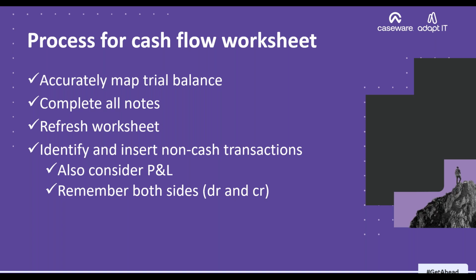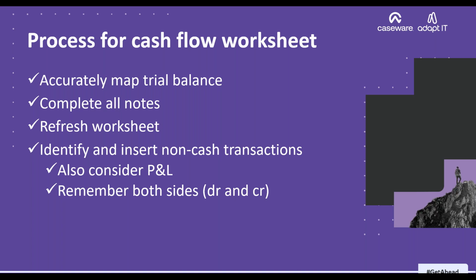Before you start the work, make sure that all notes are completed, particularly your reconciliation notes, things like property, plant and equipment, investment property, other comprehensive income. The reason for this is that the cash flow worksheet utilizes both trial balance information as well as notes from other sources within the financial statements.